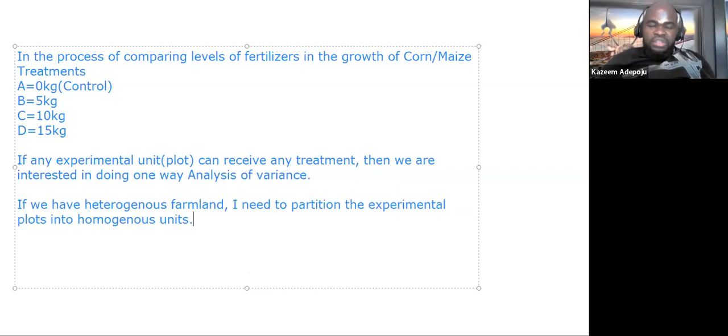I partition them into homogeneous units, which means it's like grouping them.